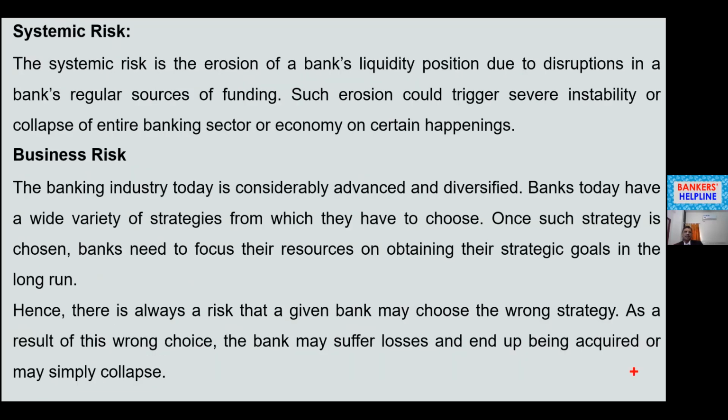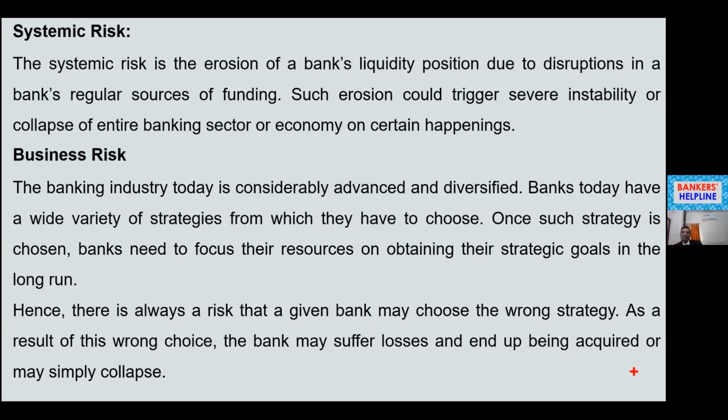Systematic risk is the erosion of the bank's liquidity position due to disruptions in a bank's regular source of funds. Such erosion could sometimes trigger severe instability and collapse of the entire banking industry itself, and thereby the economy, under certain happenings. Then business risks. One example is that now the fintechs are coming, private banks are coming, new private banks are coming.